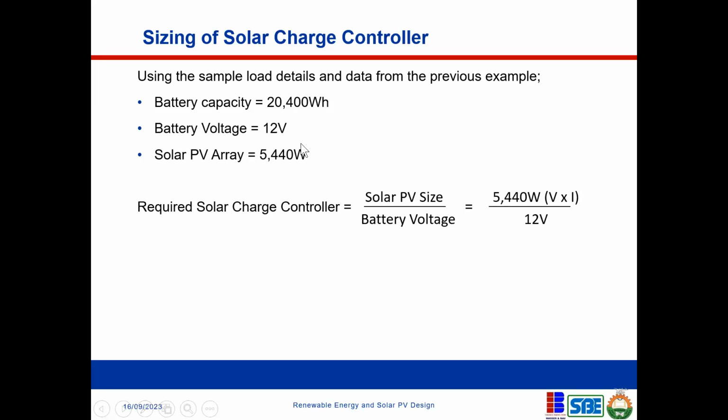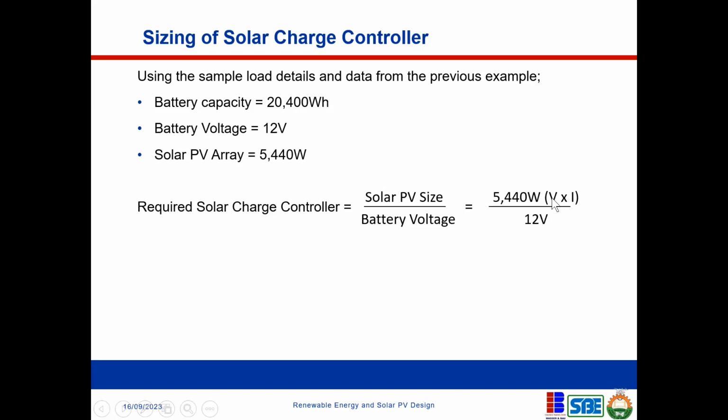So the required solar charge controller is equal to the solar PV size, which is 5,440 watts, divided by the battery voltage, which is 12 volts. Okay. So if we do that, remember that this watt is the same as voltage times current.